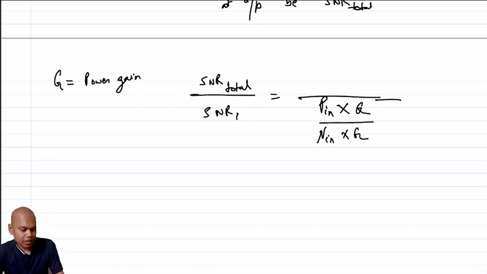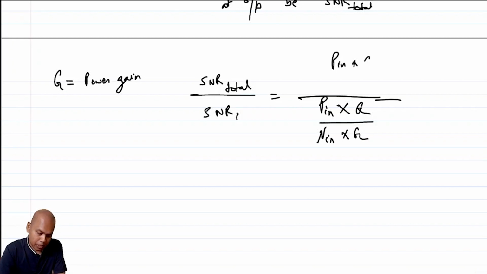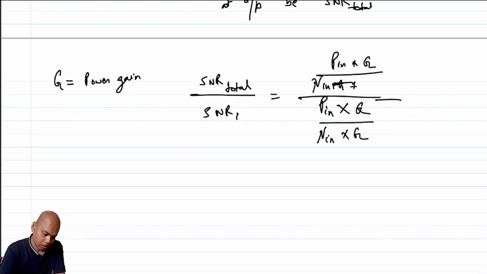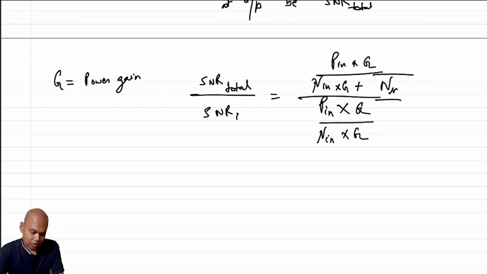And what is the SNR total? Signal at the output is still P in times G, divided by what is the noise at the output? That is N in times G, the noise at the output due to the input source only, plus N due to the network, correct? So what do you see?